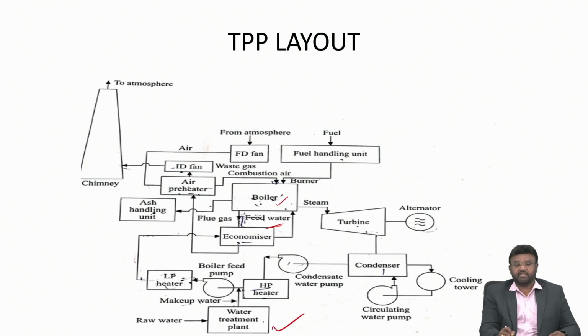This is the water treatment plant, and to this water treatment plant, the raw water, this may be coming from say the rivers or any huge water sources. So from this raw water that is sent to the water treatment plant.